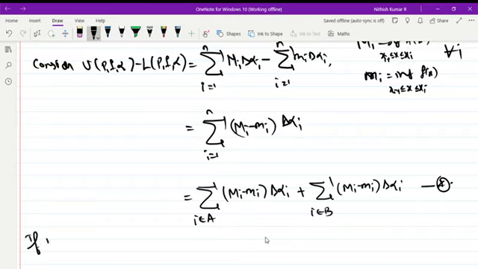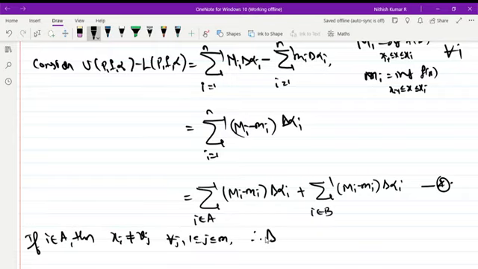Now if i belongs to A, then xi is not equal to vj for all j, 1 less than or equal to j less than or equal to m. Therefore delta xi is less than delta.